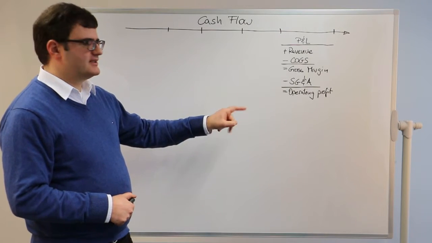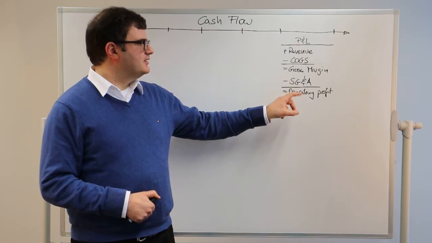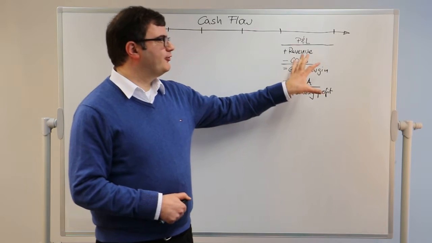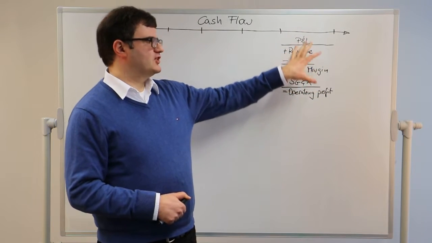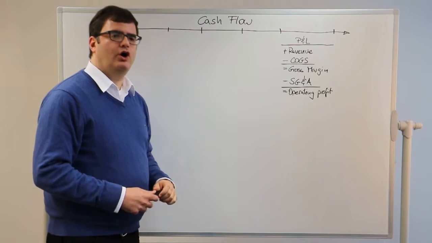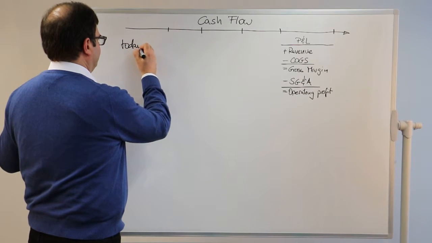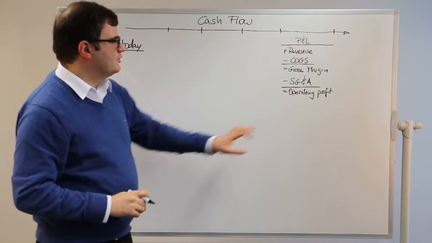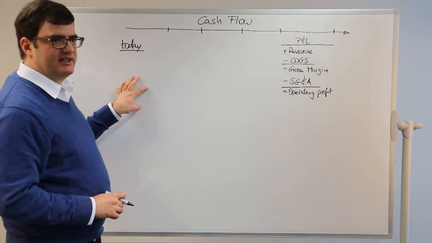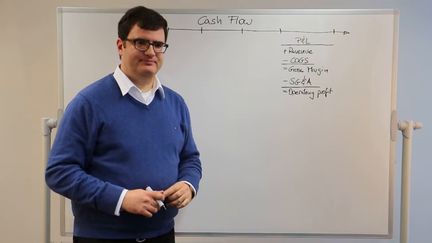In order to do this, we start again with the P&L that we already created, but now we will replicate this exercise for each period, starting again at steady state, moving backwards all the way until today. So we will end up with a series of P&Ls for each period between now and our steady state.